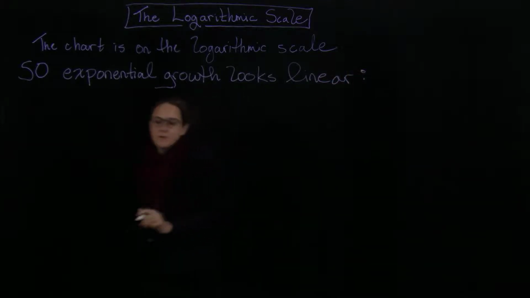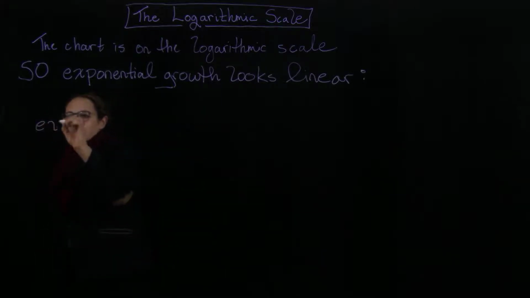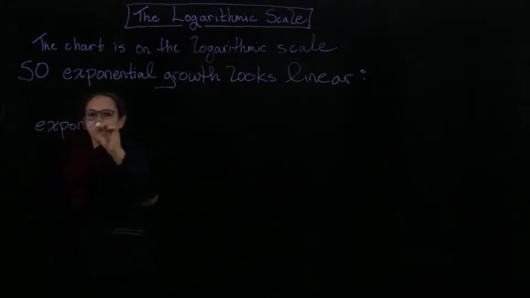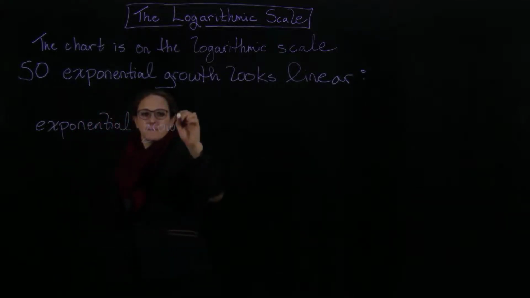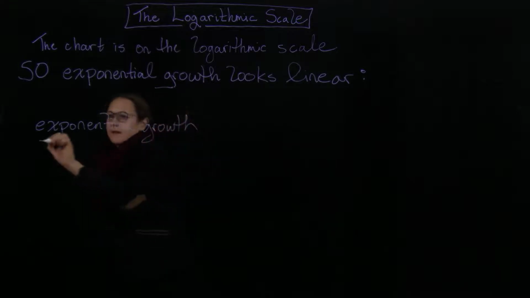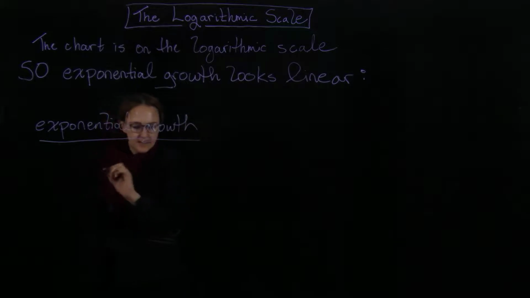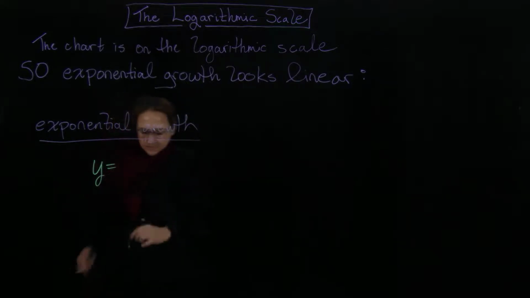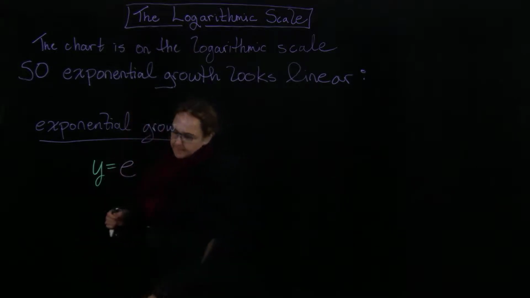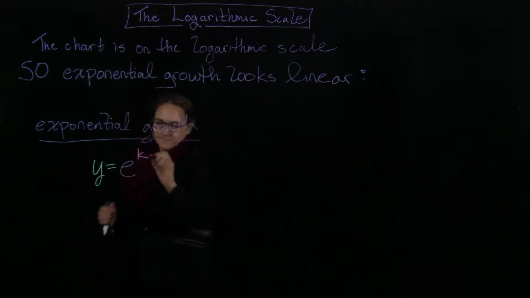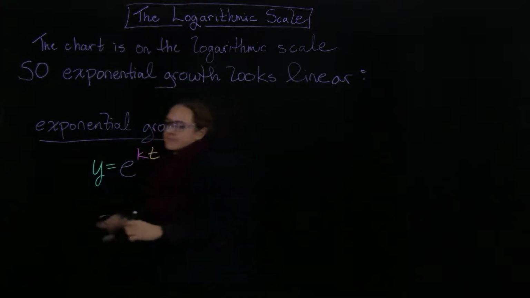How can you think of that? Where I have exponential growth, it can look like y equals e to the kt, where k is my growth constant.